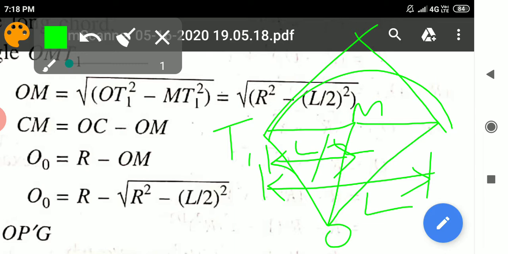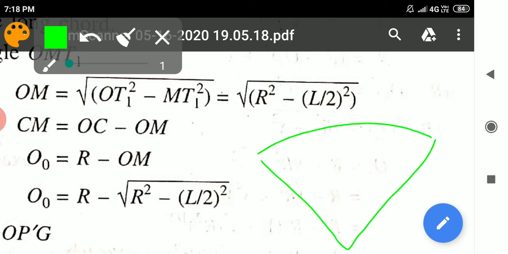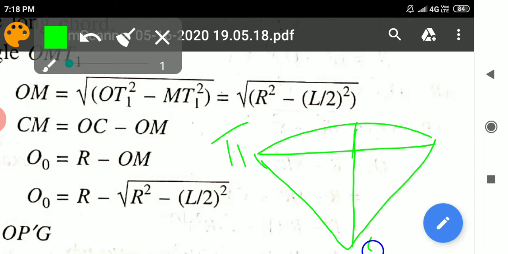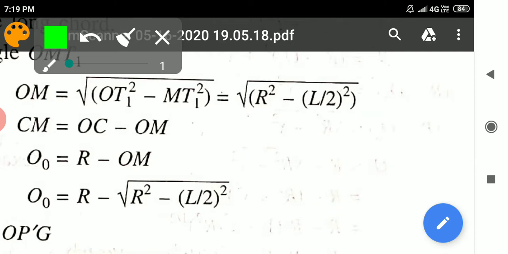Next, CM equal to, isn't it? CM, see here, T1, O, where M is here, and C is here, and from C to O naught. So CM equal to OC minus OM.